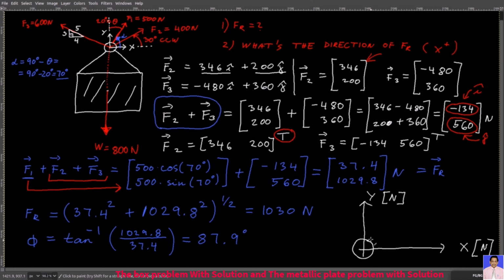And so if this is the ring that I have here, then this would be my FR vector, this is its magnitude, and this is its direction. Phi equals 87.9 degrees counterclockwise. As you can see, it's a lot easier to add vectors when you first decompose them into their x and y components. Thank you very much.